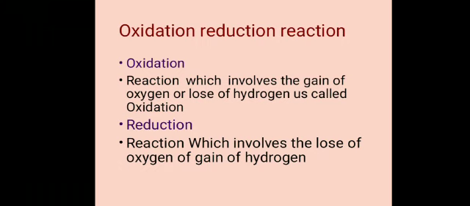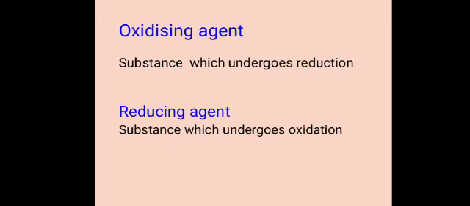Reduction is just the opposite of oxidation. Reduction involves the loss of oxygen or gain of hydrogen. Now the reactant which is undergoing reduction is known as the oxidizing agent, and the substance which is undergoing oxidation is known as the reducing agent.